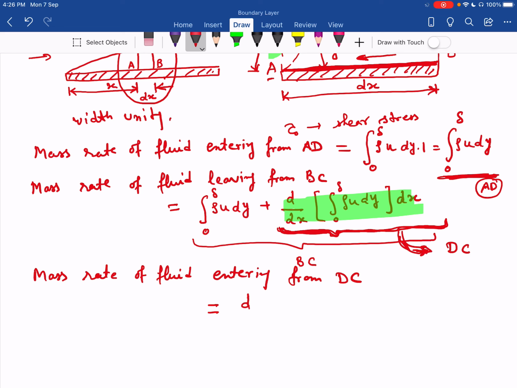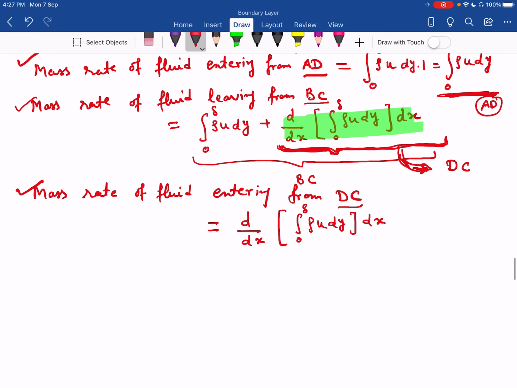So that is d by dx of integration rho u dy dx, the limits for y 0 to delta. Okay, so this is the mass entering from AD, mass leaving from BC, mass entering from DC. So with respect to all these masses, now you can write down the momentum rate.